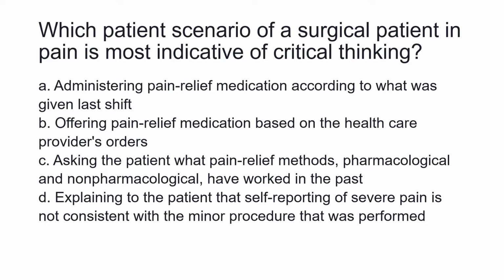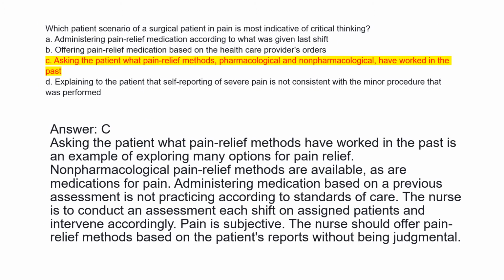D. Explaining to the patient that self-reporting of severe pain is not consistent with a minor procedure that was performed. Answer: C. Asking the patient what pain relief methods, pharmacological and non-pharmacological, have worked in the past.